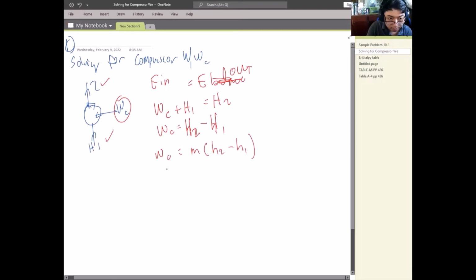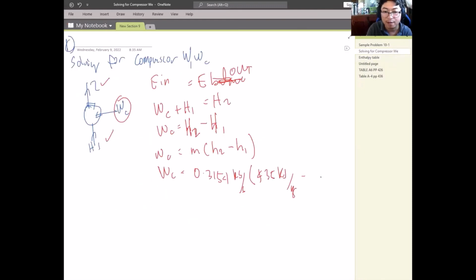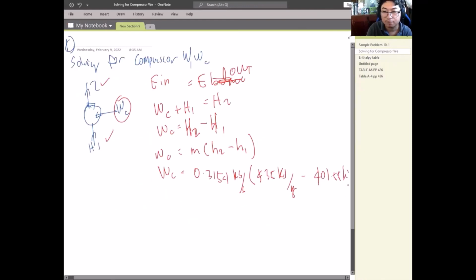Substituting for the compressor, the mass flow rate is 0.3154 kilograms per second. h2 is 435 kilojoules per kilogram minus h1, 401.55 kilojoules per kilogram.